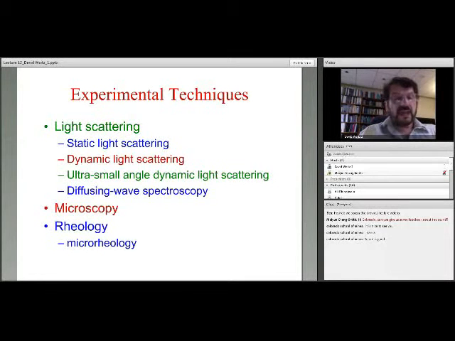People have used very small angle, both static and dynamic, light scattering. That's very similar to very small angle neutron scattering. One thing that's been used with light that hasn't been used with neutrons or X-rays yet is diffusing wave spectroscopy.